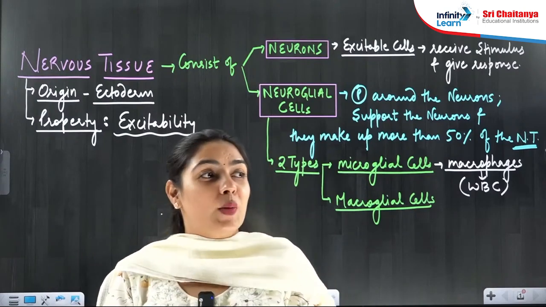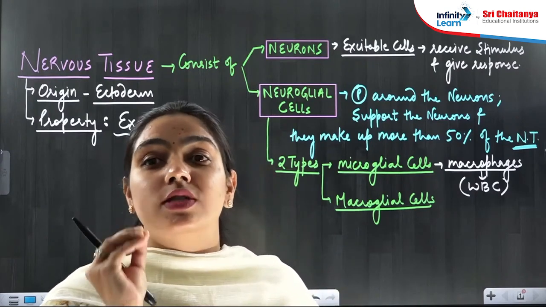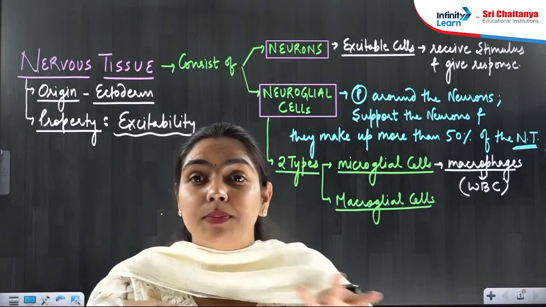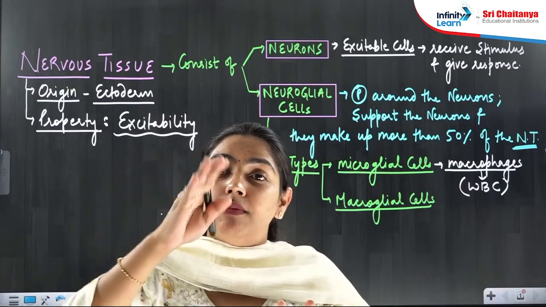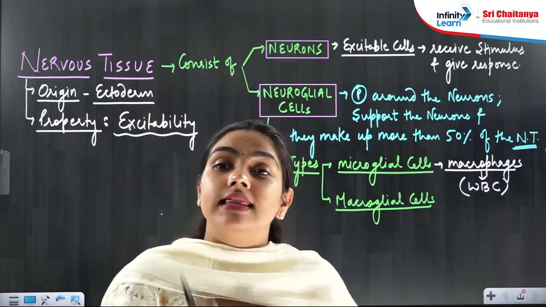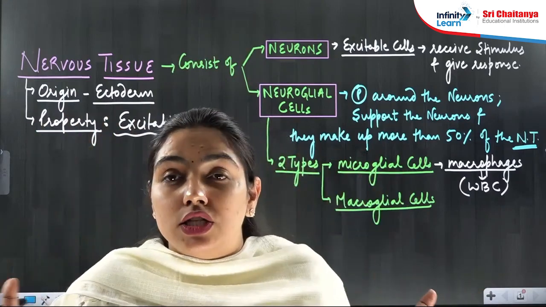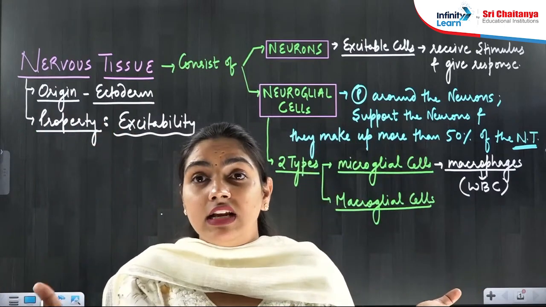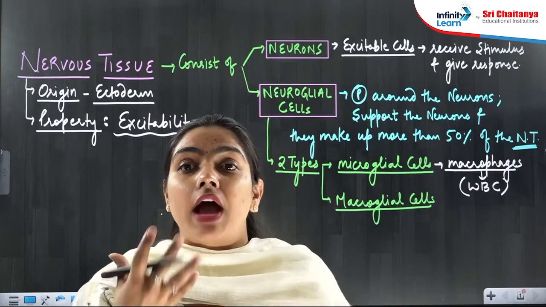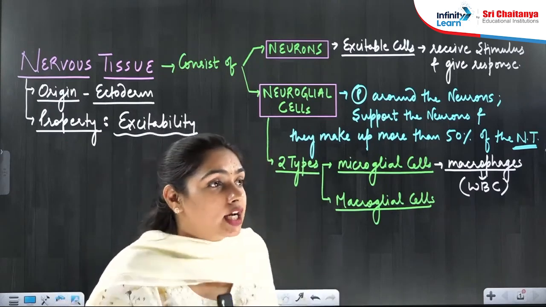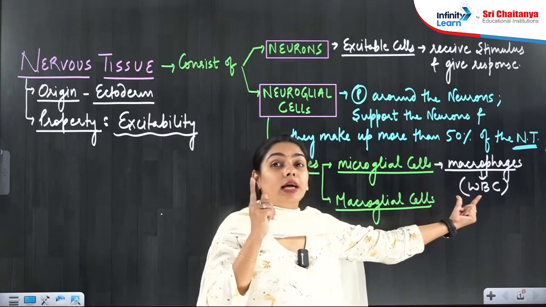These monocytes are present in the bloodstream. When they migrate to the tissue, they become macrophages. They become huge and do phagocytosis. So, macrophage is a WBC.